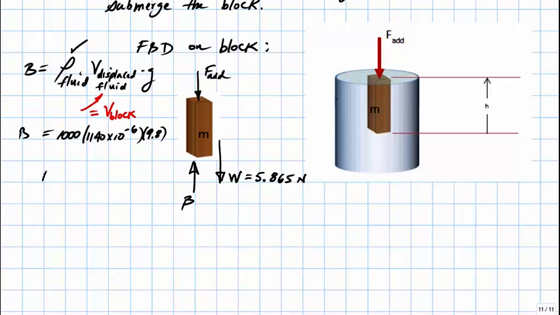As a result, the buoyant force equals 11.17 newtons. We're now ready to apply Newton's second law.